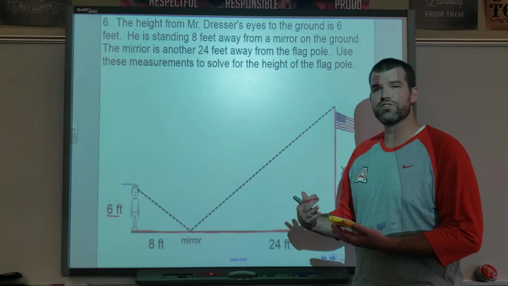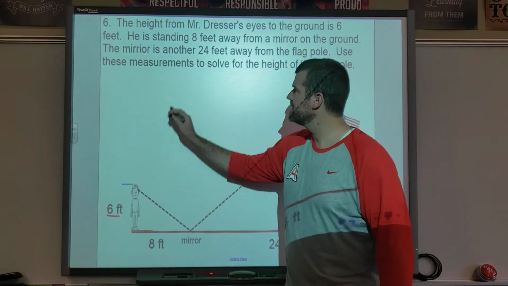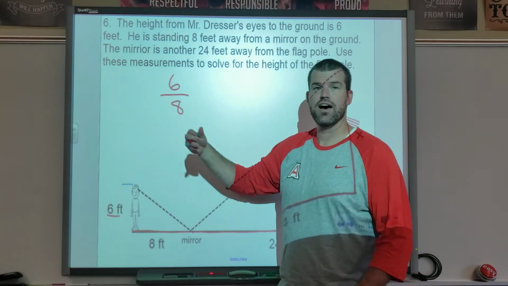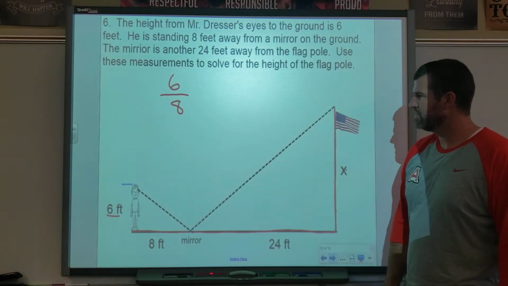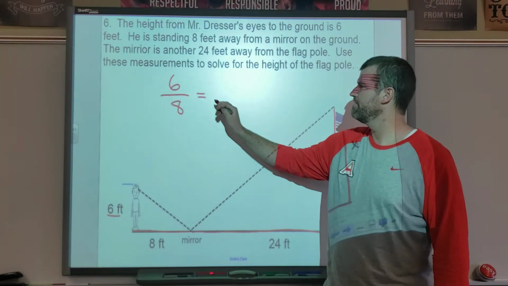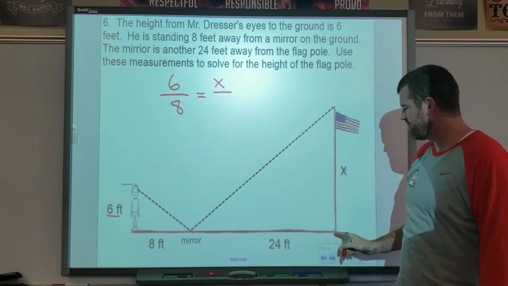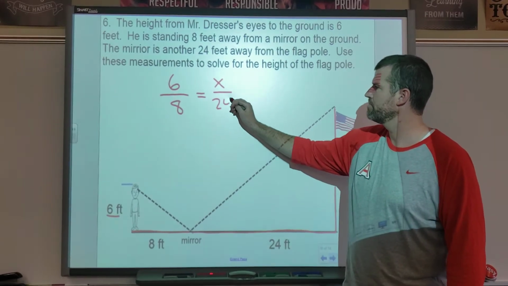So again, I'd like to do the two sides within the triangle. So I'm going to do 6 over 8. So I did height over mirror length. And so now I'm going to match up the other triangle in the same order. So the height of the flagpole, I do not know. But I do know the distance from the mirror to the flagpole is 24 feet.